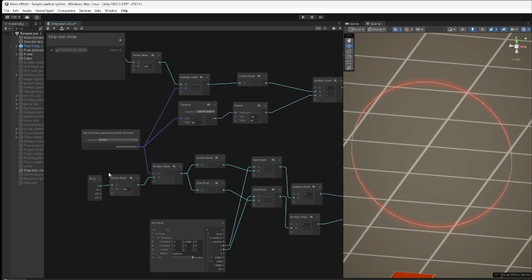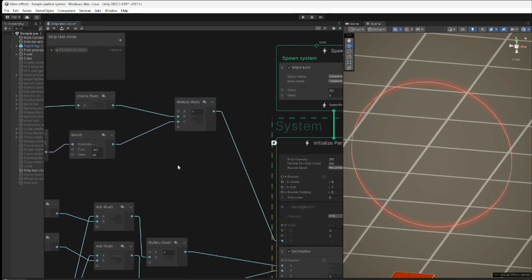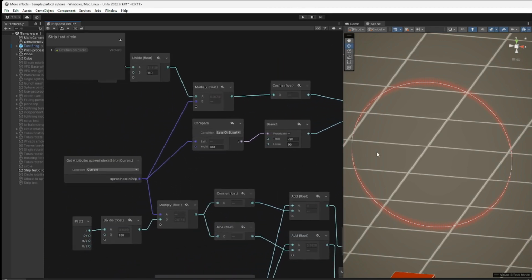What I'm using is this spawn index in strip instead of the spawn index. So you have to use this property instead of that spawn index, but it works the same way. When I do that burst, I get X number of particles. In this case, I have it set to 361. And I'm creating my circle.